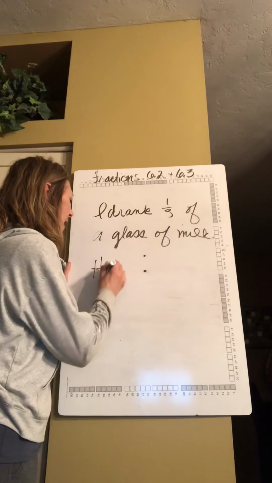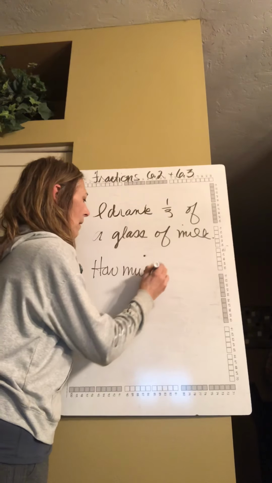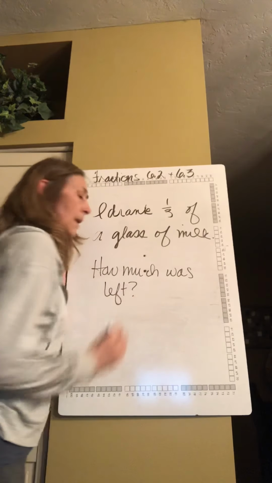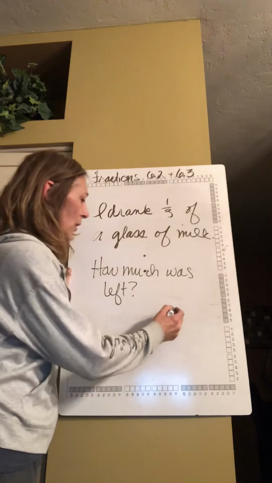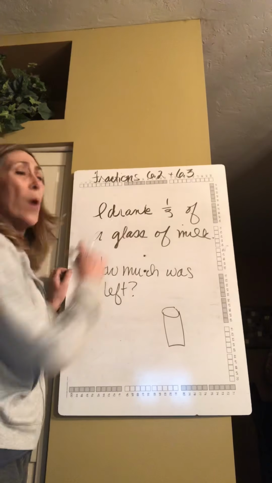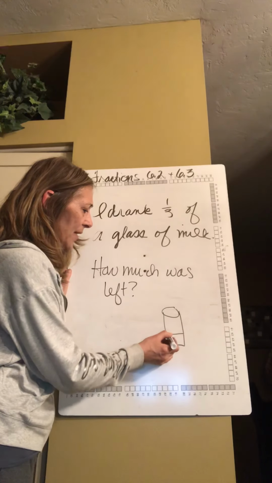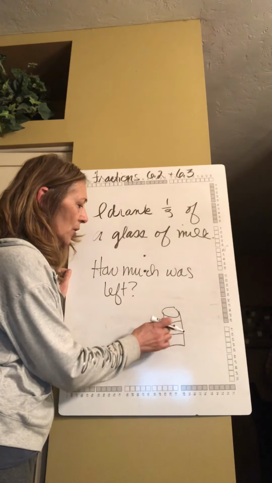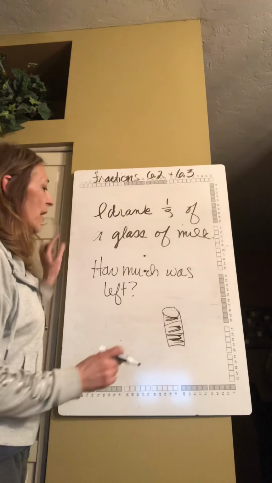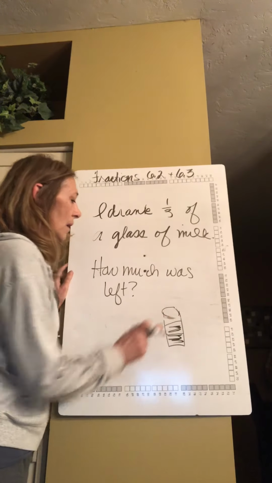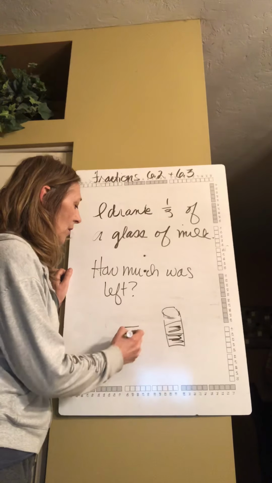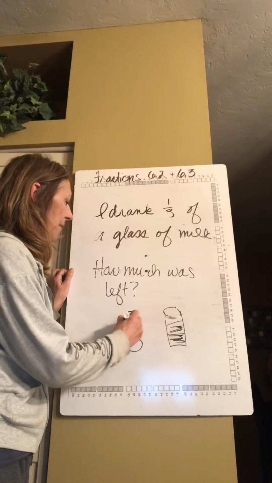How much did I have left? So we can make that into, here's my glass of milk. And I drank 1/3, so that means I'm going to divide that glass into 3 equal parts, 1, 2, 3. And let's fill it up with milk. And I drank 1/3. How much is left? What size pieces? The denominator is thirds. There's 2 left.